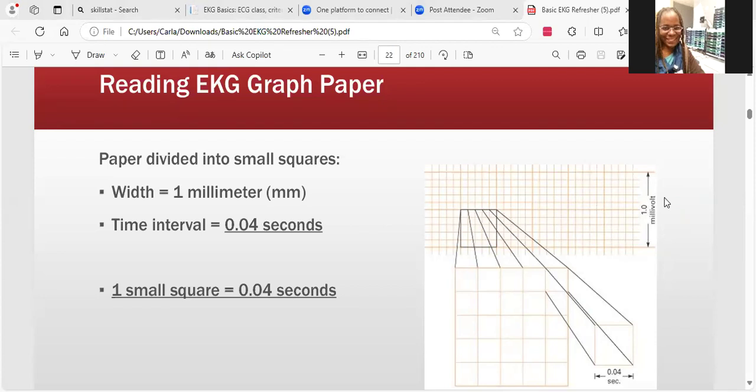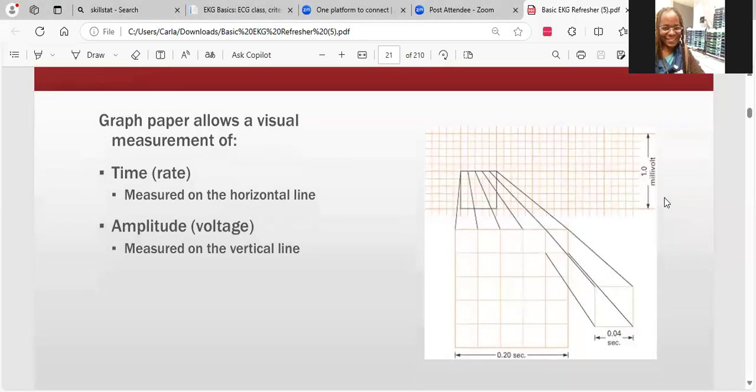In order to understand how to read EKG, you have to understand the purpose of the graph paper and the paper that it's printed on. The paper actually represents time and what we consider voltage or amplitude. When we're looking horizontally across the EKG, it represents time.